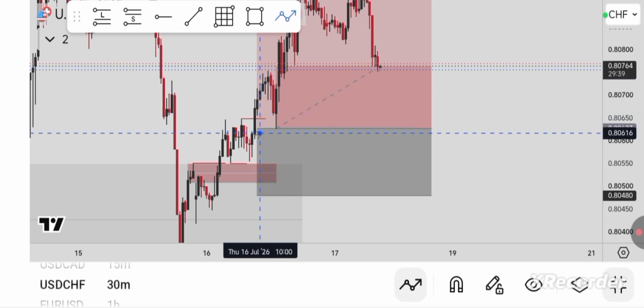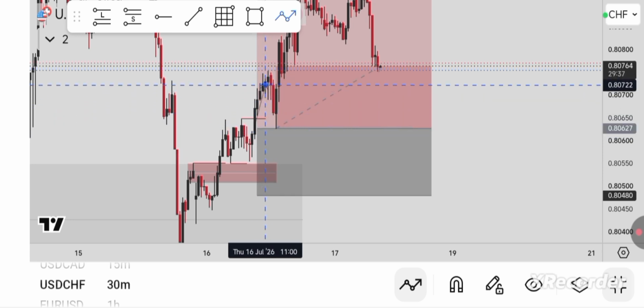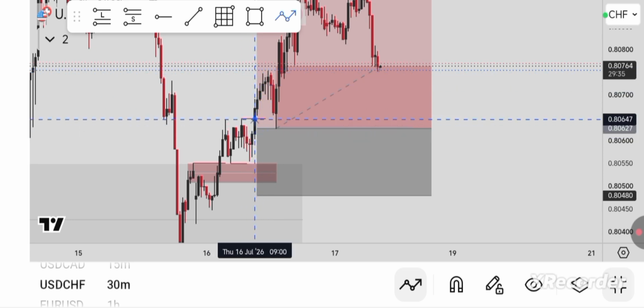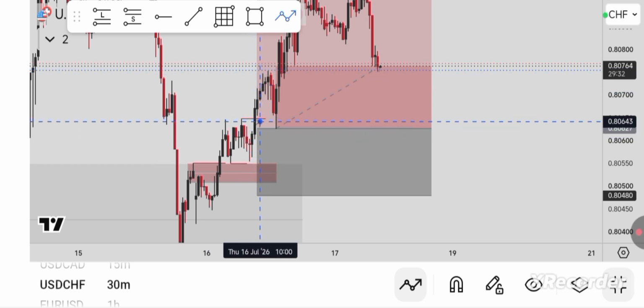But the market did not come back. The market went up and created a fair value gap again.